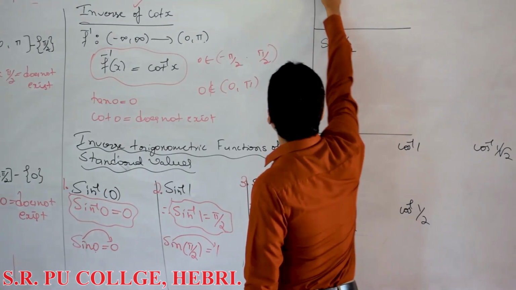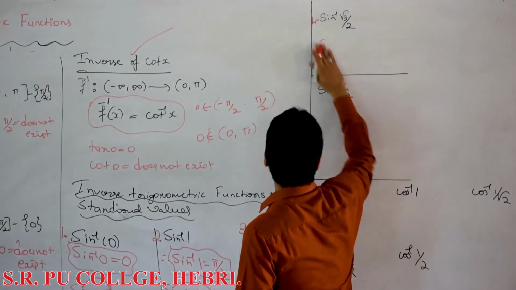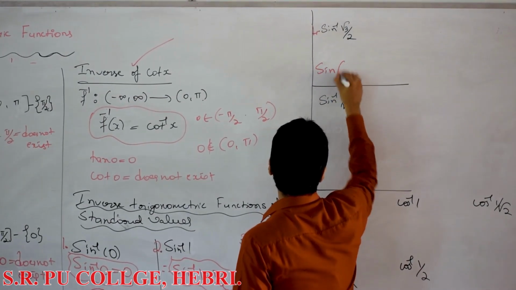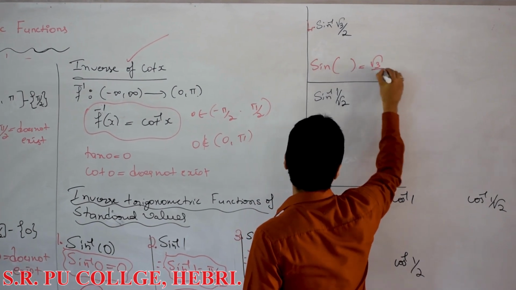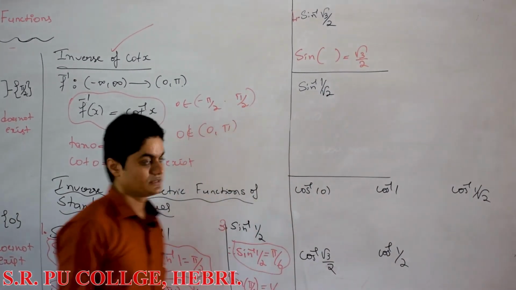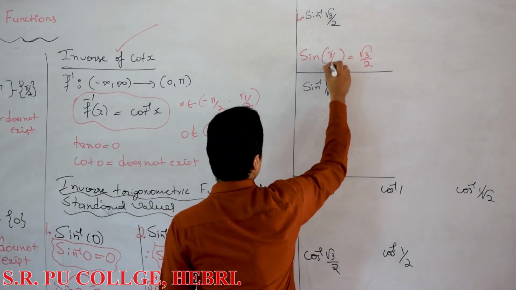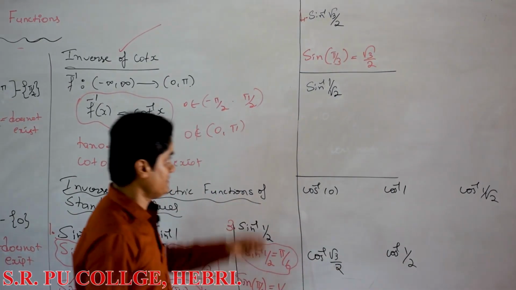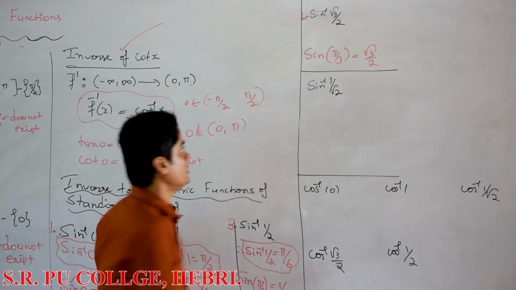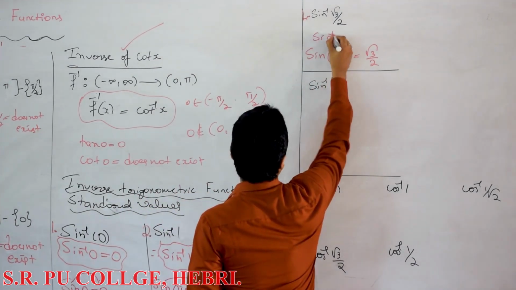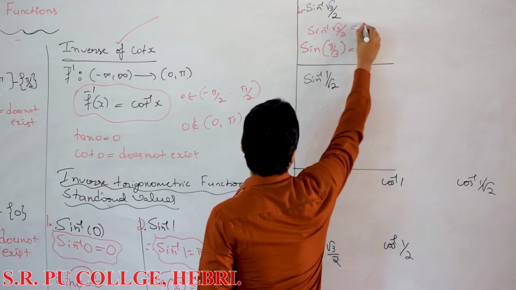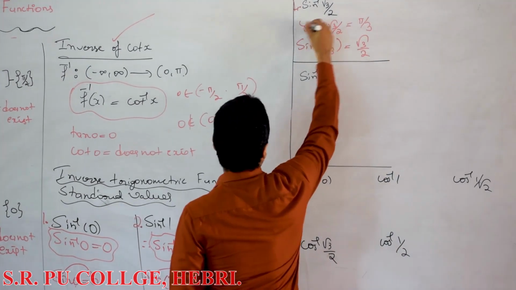The next standard value, sine inverse of root 3 by 2. Again tell me, for which angle sine will give you root 3 by 2? The angle is pi by 3, that is 60 degree. Since sine 60 degree is root 3 by 2, sine inverse of root 3 by 2 will be 60 degree or pi by 3.